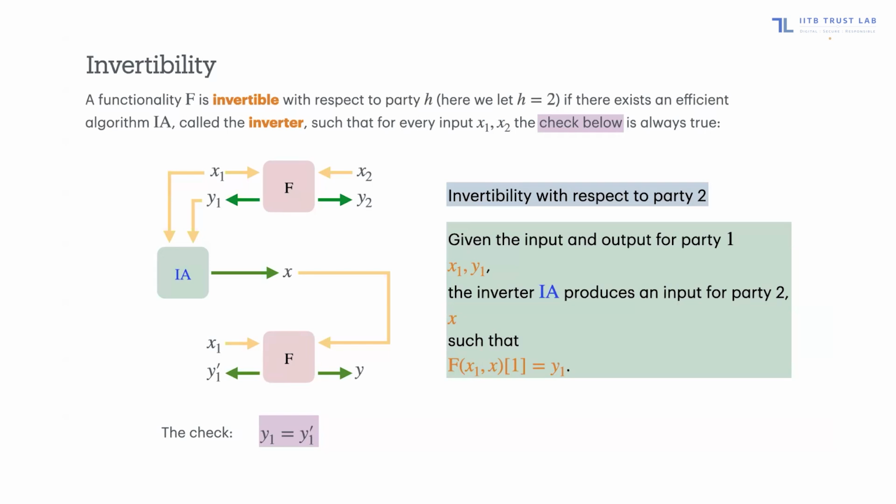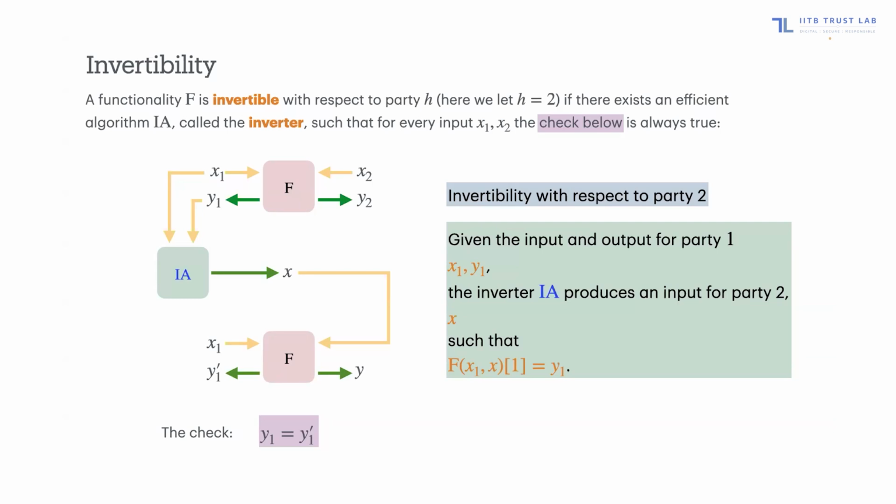A functionality F is invertible with respect to party 2 if there exists an efficient inverting algorithm, called the inverter IA, which takes in the input X1 of the dishonest party 1 and the output Y1 of the dishonest party, and generates an input X for the honest party such that when the original input X1 of the dishonest party and X for the honest party are used to generate the output for party 1, we get the same output that was used before.